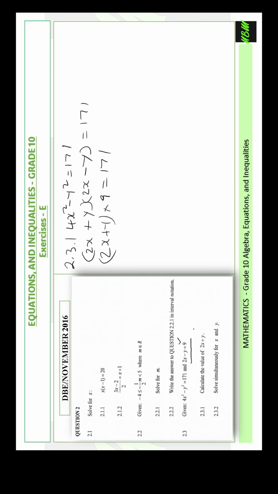So now the question was for us to find the value of 2x plus y. Therefore, let's divide both sides by 9. Then we get 2x plus y being equal to 171 divided by 9, which gives us 19. Therefore, the value of 2x plus y is equal to 19.